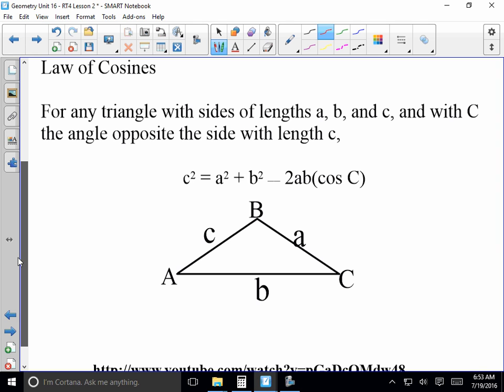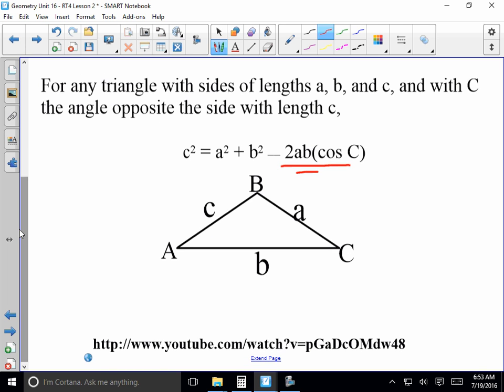And we can actually do that. There has to be a cosine adjustment to make the formula work correctly. So that's where the law of cosines comes about.